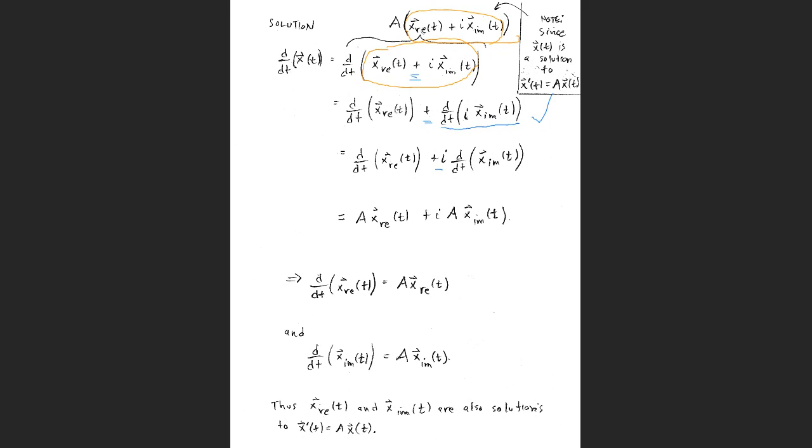Yes, i is an imaginary number, but it's also a constant. It's not a function of t, right? So I can rewrite the derivative of x of t as the derivative of my x real part plus i times the derivative of my x imaginary part.